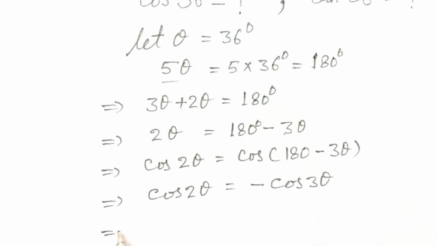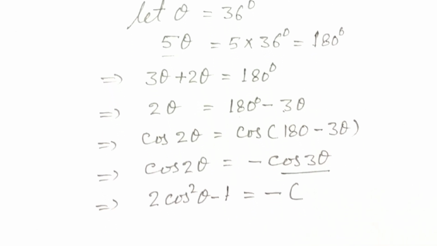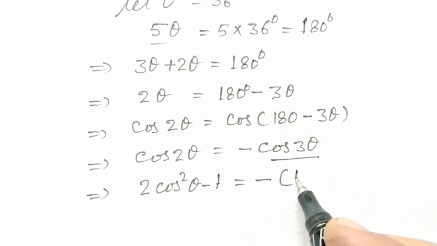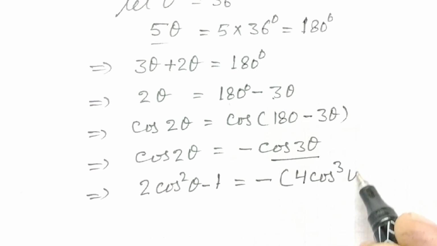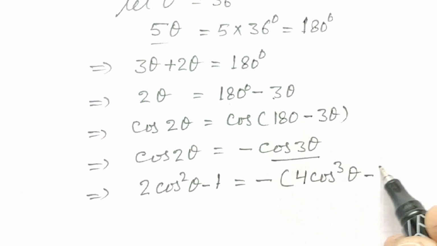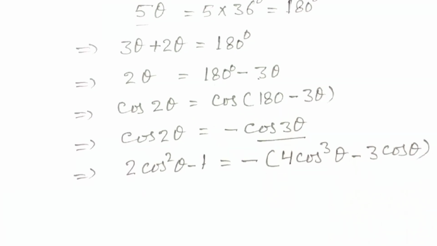Right? Cos 2 theta will be equal to 2 cos square theta minus 1 is equal to minus cos 3 theta, which is equal to 4 cos cube theta minus 3 cos theta. Fine.